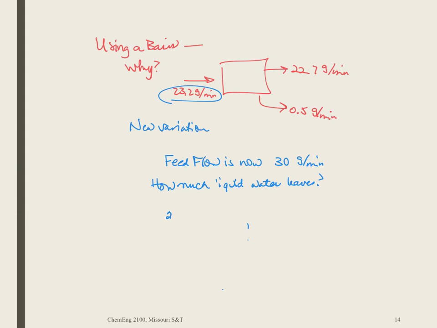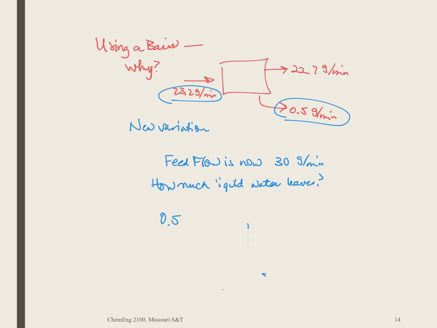So I take my answers that I had, so when it was 0.5, it was 0.5 grams per minute when it was 23.2.